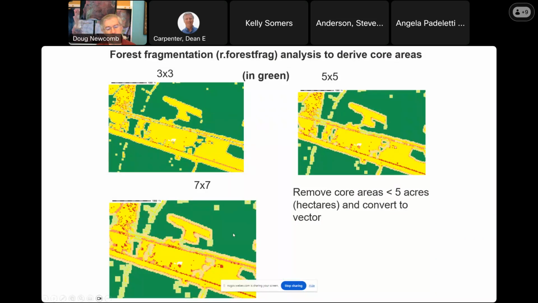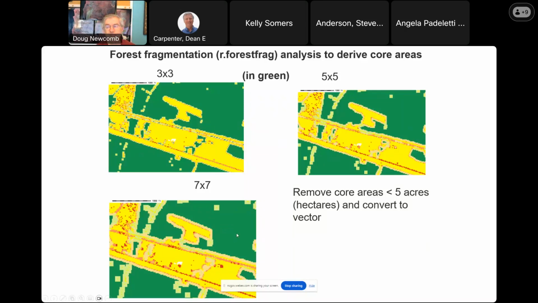And then you can start looking at the different species of birds, for example. Which ones want a wider edge? What differentiation do they have between core and edge? Something like a robin nests in the bushes next to my front door.